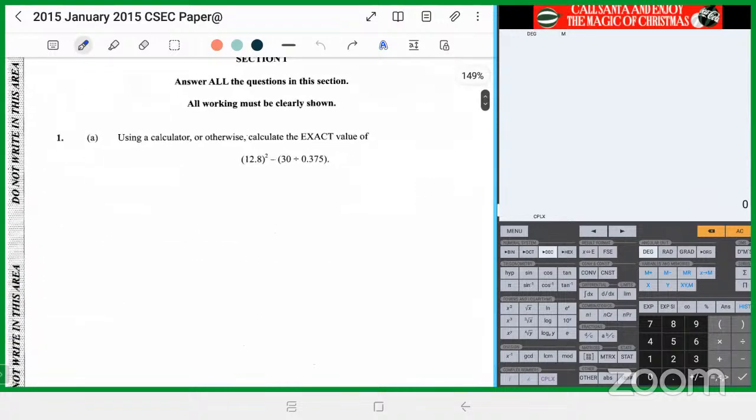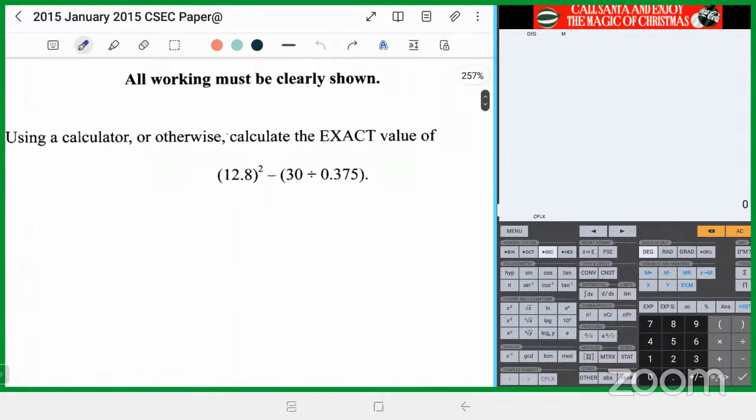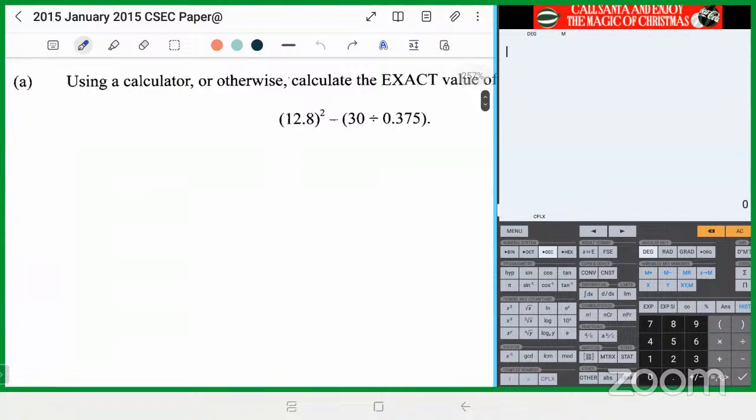If you notice, I'm leaving the calculator on the screen because number 1 is always a calculator question. They say to use a calculator and they want the exact value of this. Because they tell us to use a calculator, it's a matter of typing this in exactly as it is and then pressing equal.